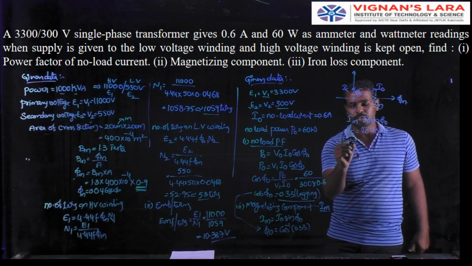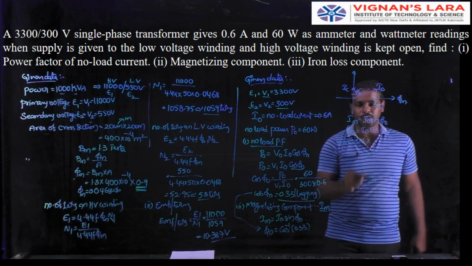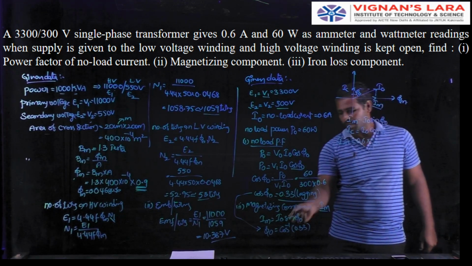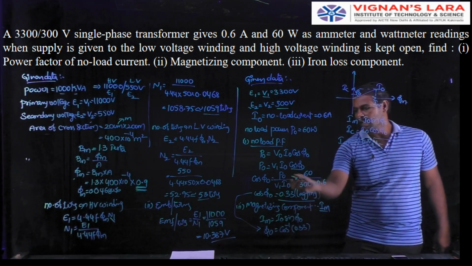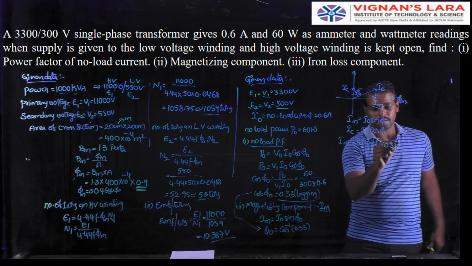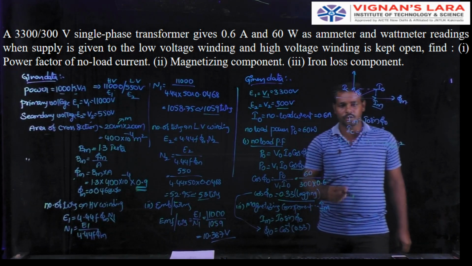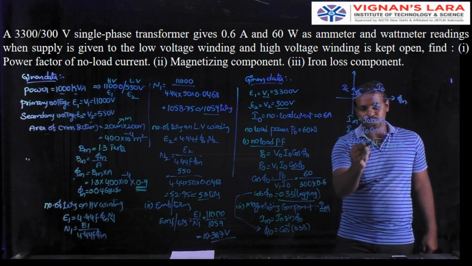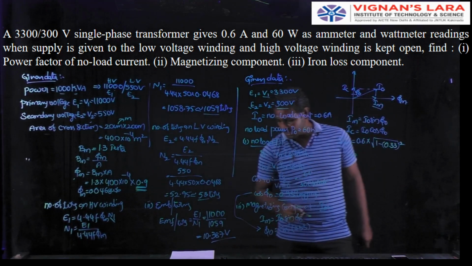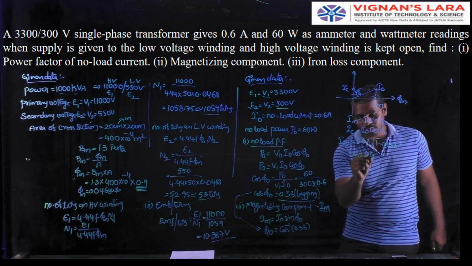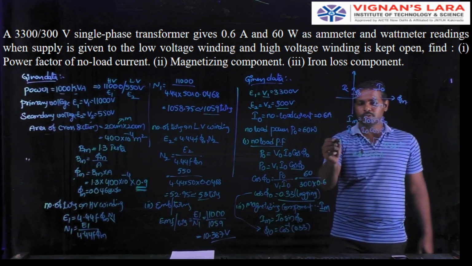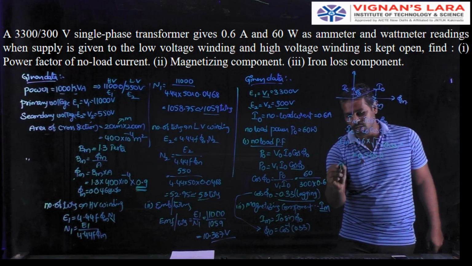Im is equal to I naught, 0.6, into sin phi naught, which is the square root of 1 minus cos square phi, that is 0.33 whole square. So Im is equal to 0.6 into the square root of 1 minus 0.33 whole square. By simplifying this equation, Im is equal to 0.566 amperes.